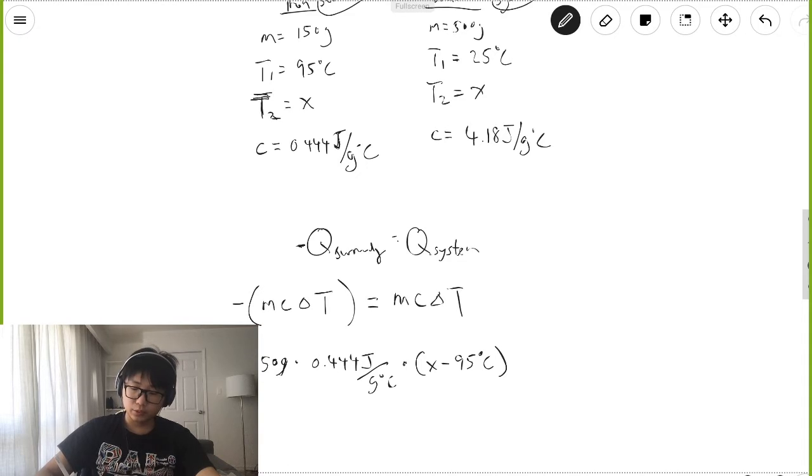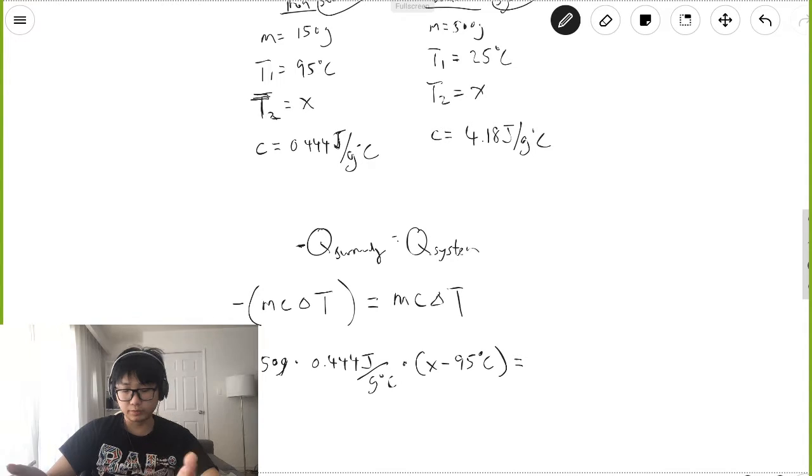T2 is an unknown, so we're just going to put it in brackets as X minus 95 degrees. Since we already predicted this is going to end up being a negative value if we ignore the negative at the very beginning of the bracket, because M is going to be positive no matter what. Mass has to be positive. C is going to be positive too, because we never have a situation where we lose heat to increase temperature.